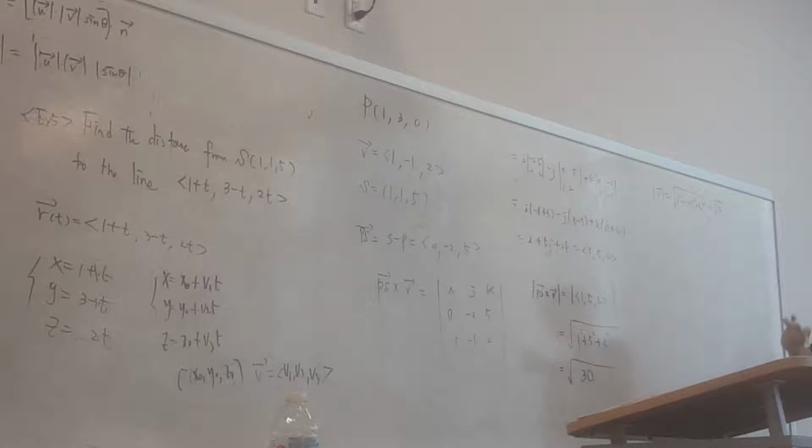By the definition of the distance, D is given by PS cross V vector over the length of V. That's the definition. So we got square root 30 from the top, and this one is square root 6. So this is the same as 30 over 6, which is square root 5. So this is the distance from the point to the line in space.